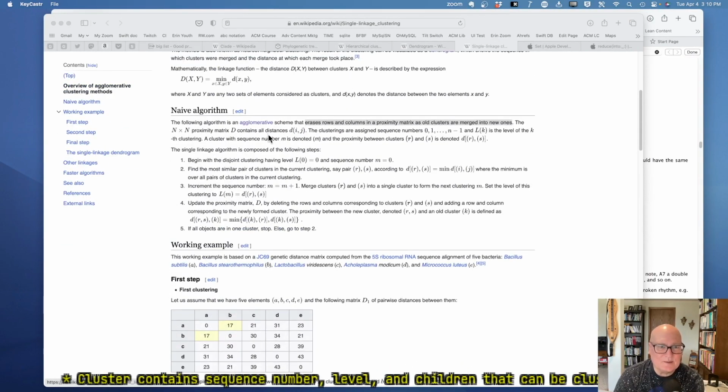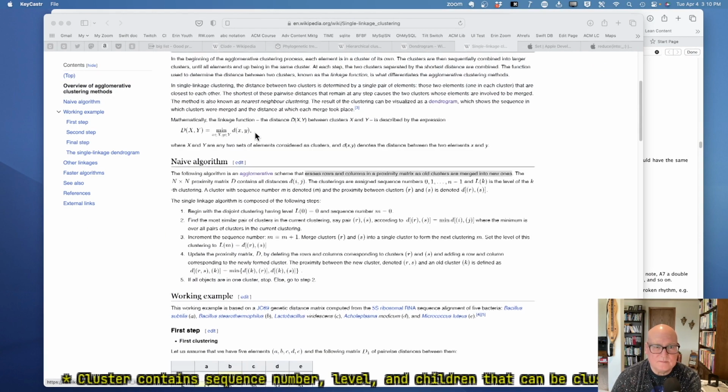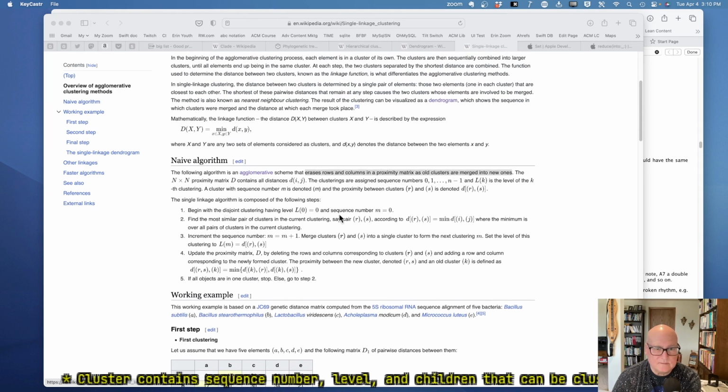Okay, so what else do we need? We start with L0 equals 0, sequence number that. Find the most similar pair of clusters. So I need to be able to ask a cluster, what's your distance to some other cluster?